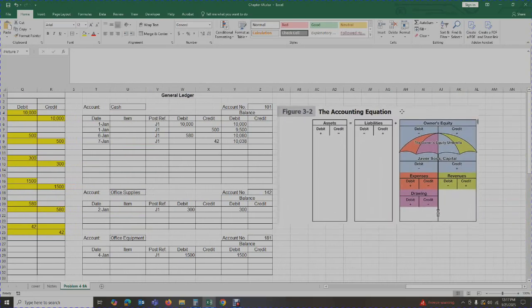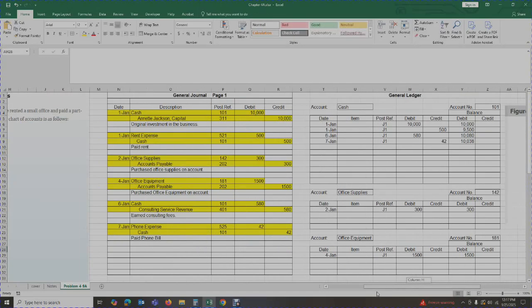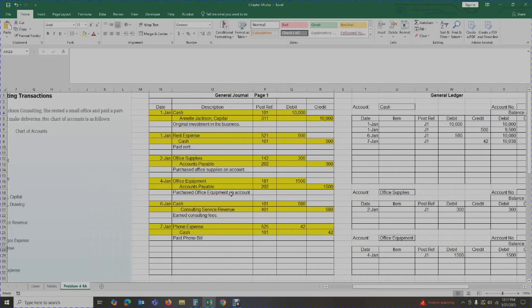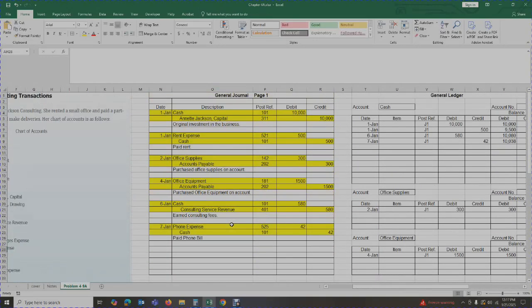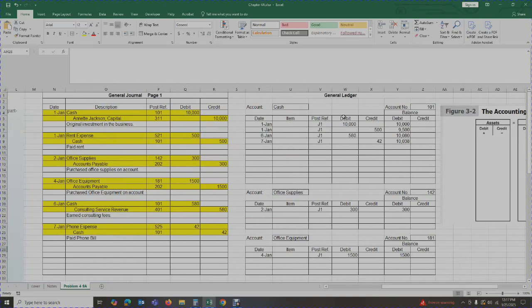Make sure that you do have figure 3-2 handy. Step number 1, record all of your transactions in the journal, all of them. Once you are done recording all of your transactions, then you begin transferring one by one in date sequential order into your ledger. And then you have to calculate the ending balance after every transaction.